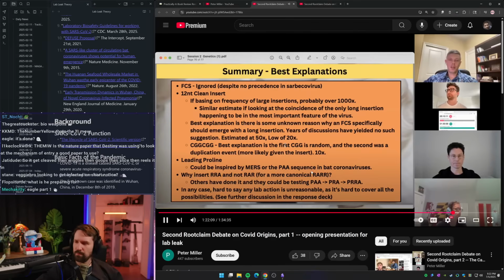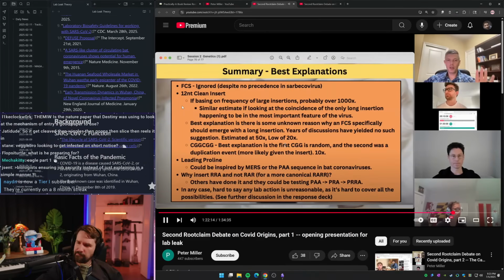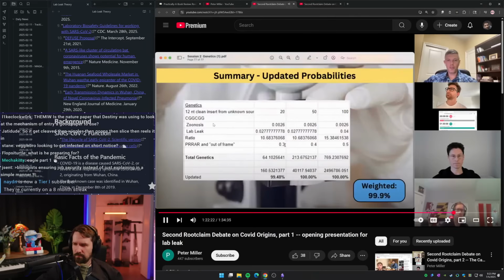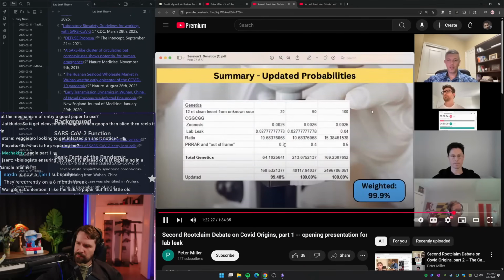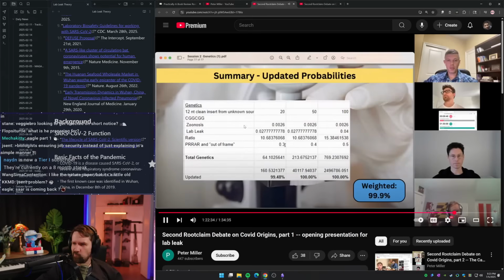I'll just leave this slide to be explained by SAR in session 3, I guess. This is a preview of the results, and I think the lab leak probability here remains extremely high, of course, based on these best explanations.